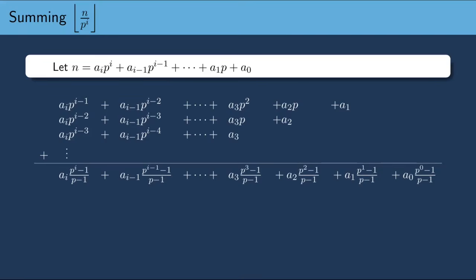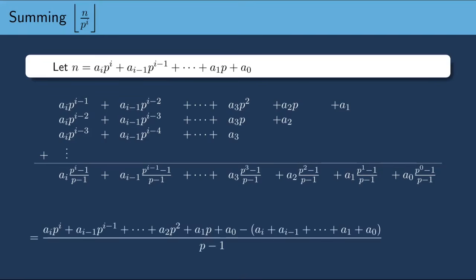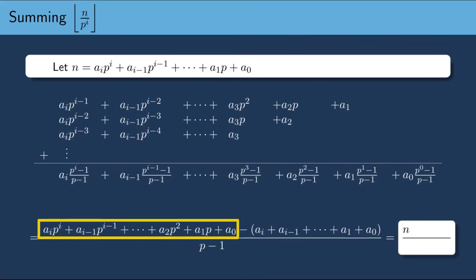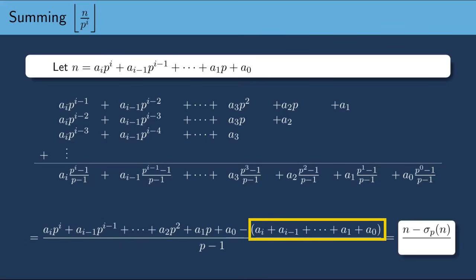Now we can rearrange this sum of fractions, and we get this expression here, which is just n minus the sum of the digits of n all over p minus 1. This formula for the exponent of p in the prime factorization of n factorial is also sometimes known as Legendre's formula, and it sets us up to be able to calculate the exponent of p in the binomial coefficients.